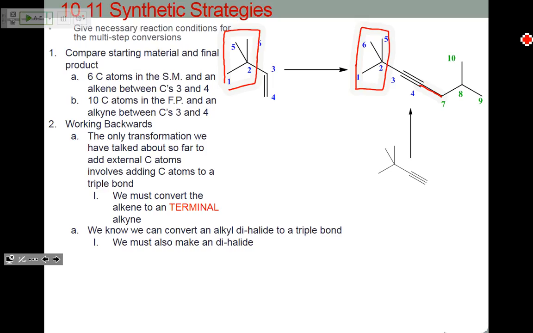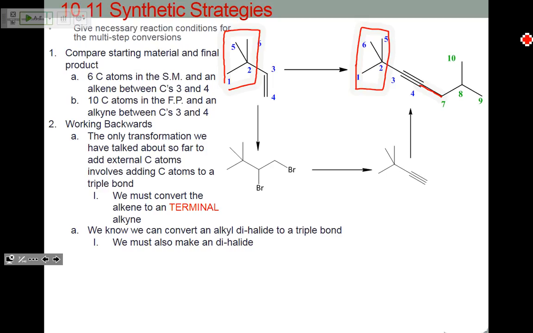We've talked about ways to do that, and I just showed the main way, which is through the reaction of Br2 to form 2 bromines. So now we have 2 leaving groups, and we can form our terminal triple bond. Once we form our terminal triple bond, we can deprotonate it and have it act as a nucleophile. So that's our synthetic route.